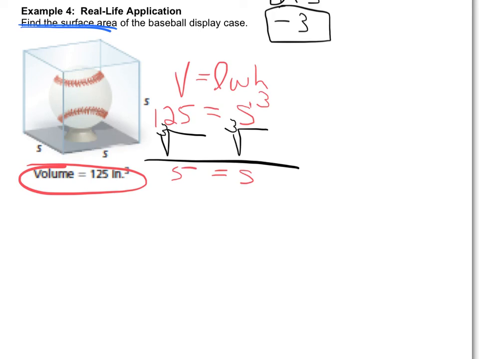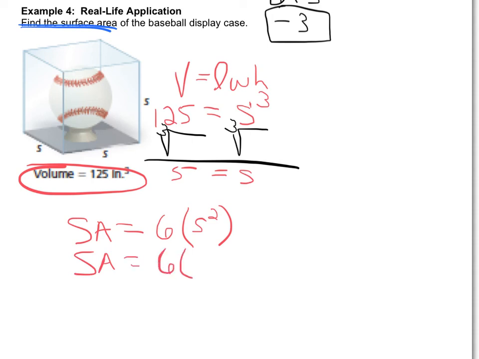So now I can go into the display case. So the display case, I'm trying to find the surface area. So basically there are 6 faces. Each face is going to be sides squared. Well, we just found that the sides are 5 squared.